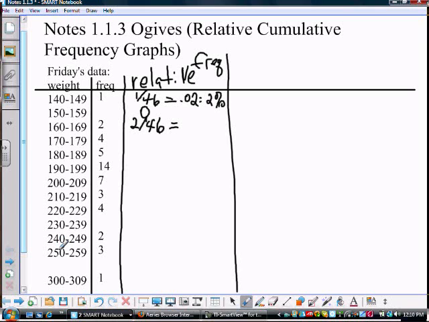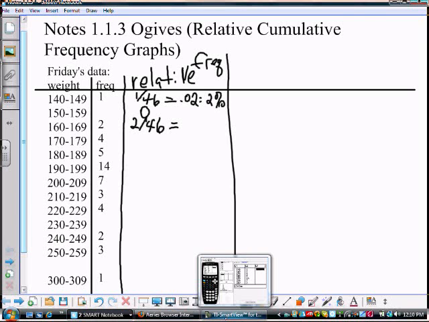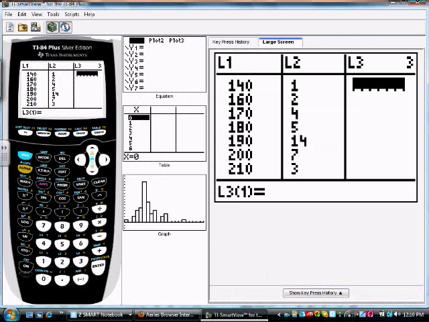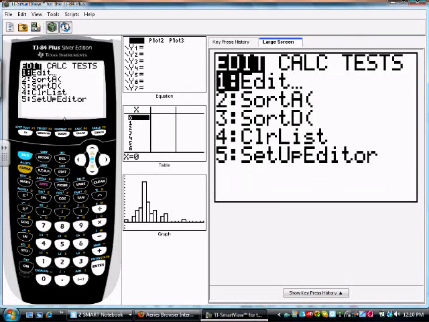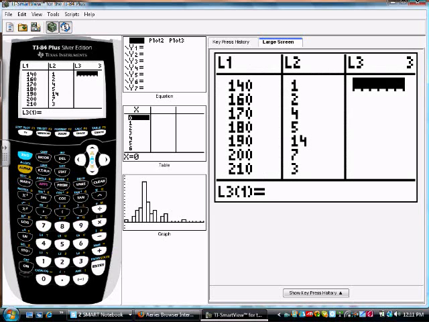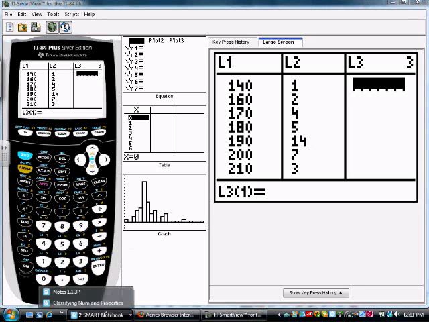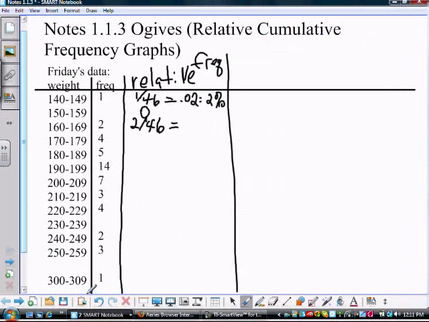You hit stat and you hit number 5, setup editor, if you have deleted a list.